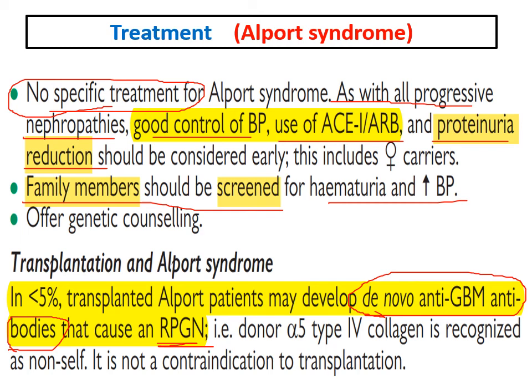The alpha 5 type 4 collagen is usually not present in their body, so with the new kidney, it is recognized as non-self. That leads to the formation of de novo anti-GBM antibodies that usually cause RPGN, especially in the first year. This occurs in around 2 to 3%, less than 5%, of all Alport patients who undergo transplantation. Don't forget this number. It is a rare condition.